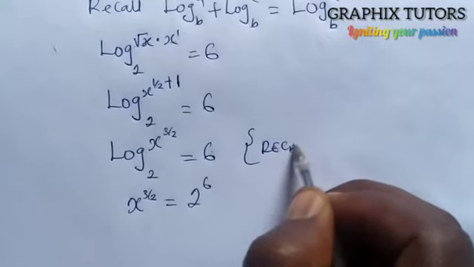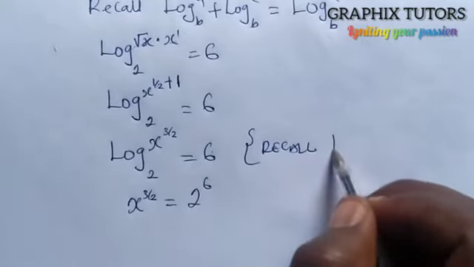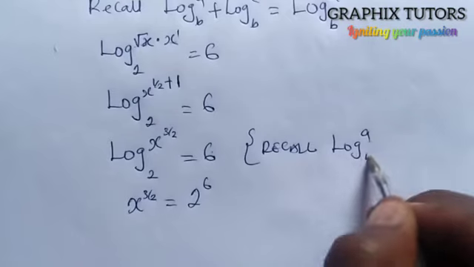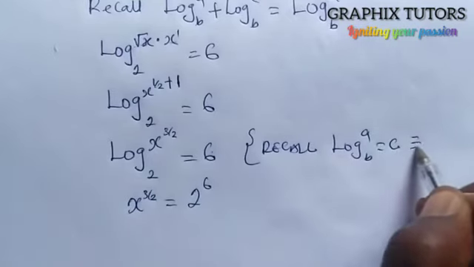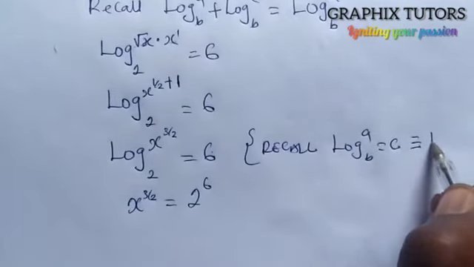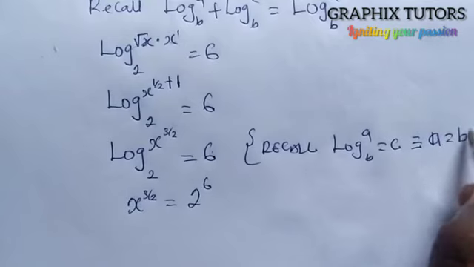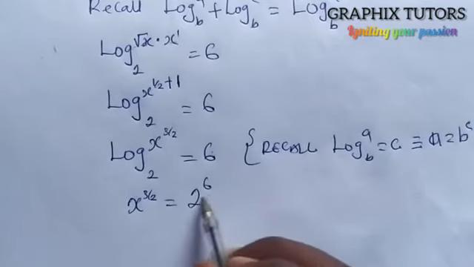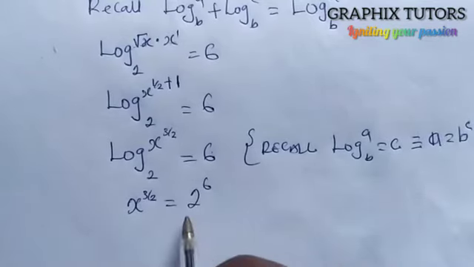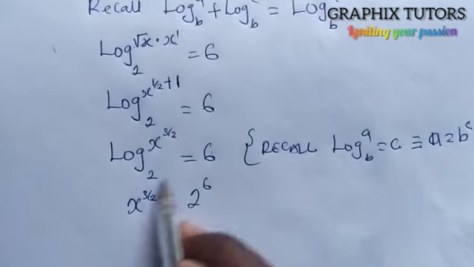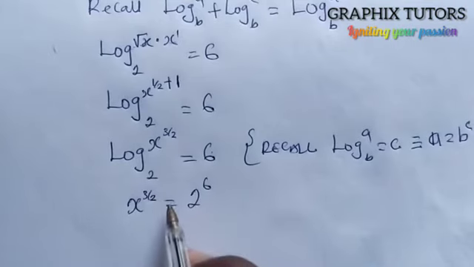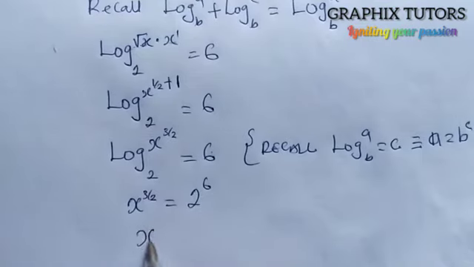Recall, when you have log a to base b equals c, it is the same thing as saying a is equal to b raised to c. So from here, there's one law also: anything that crosses the equal sign changes position. So if the power is coming here, it gives us x is equal to 2 to the power of 6.